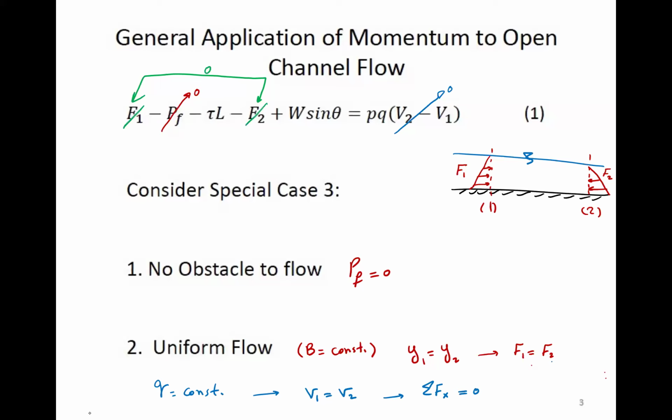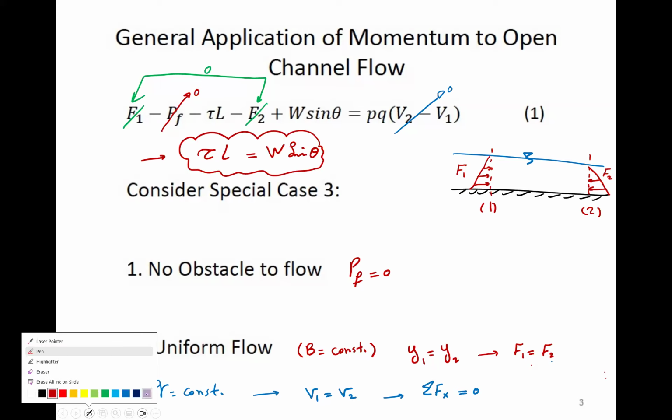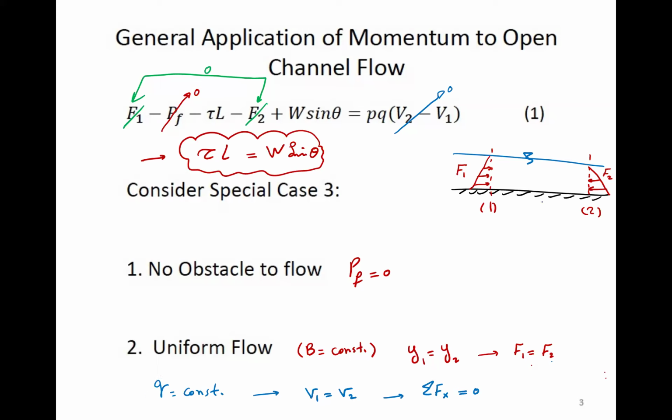And what that means is that we are left with two terms. I'm going to move one to the other side. So we have tau times L, the friction force, equals W times sine theta, the component of weight along the slope, along the angular slope. Let me actually highlight that theta is this angle.